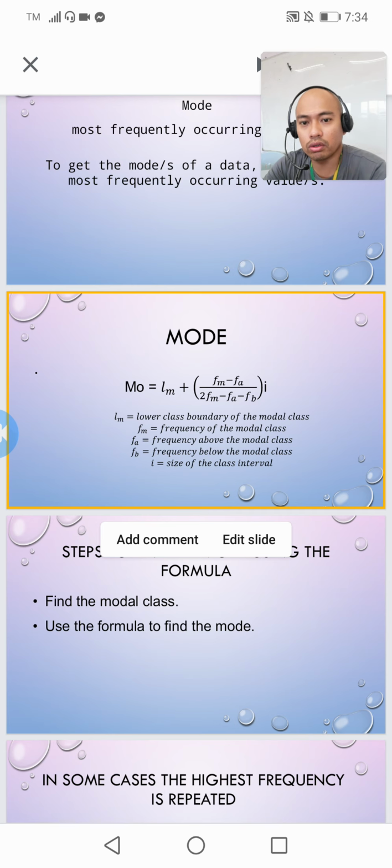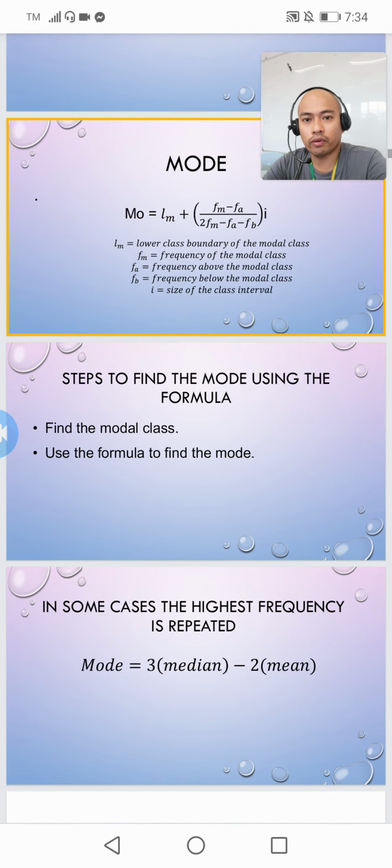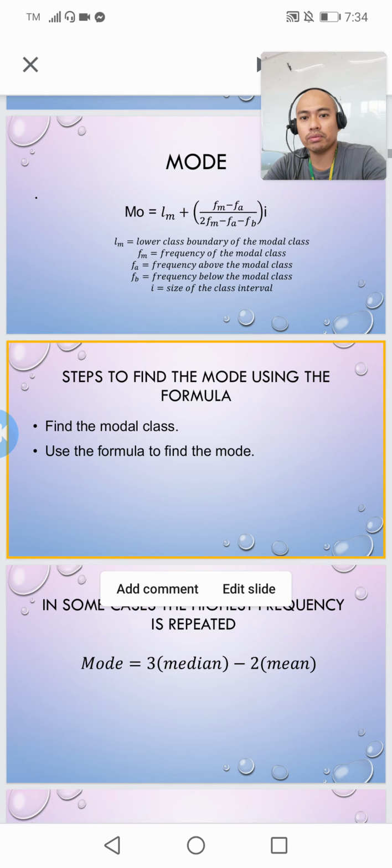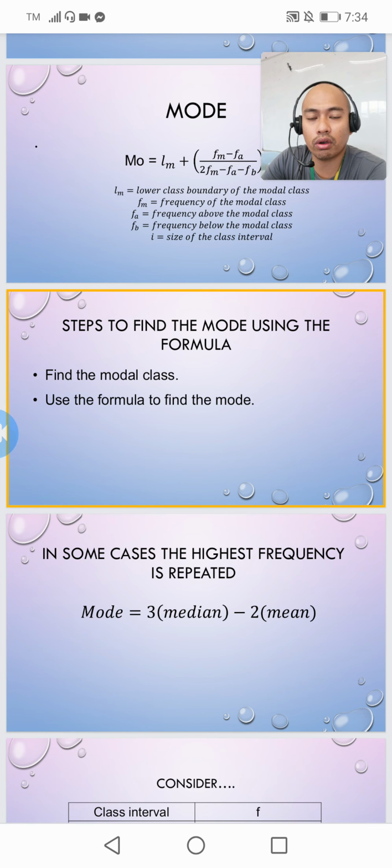Okay, so let's go back to the formula, and this will now be the steps. The next slide presents the steps of the mode for group data. The first step is we need to find the value or the location of the modal class. Okay, so when we say modal class, this is the class interval with the highest frequency.